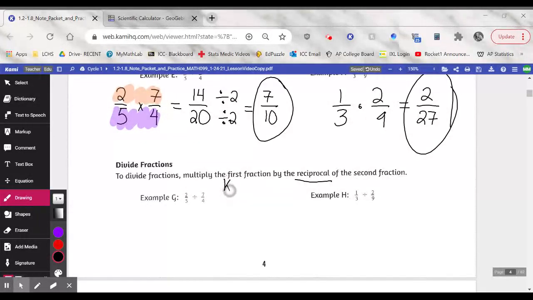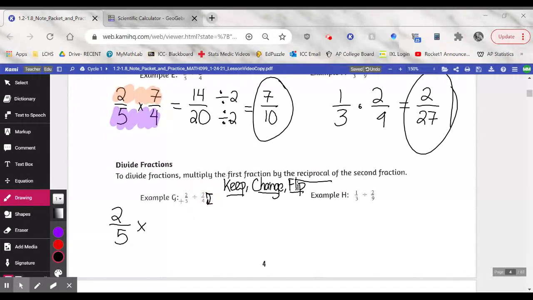So one way to remember it is this phrase: keep, change, flip. Keep, change, and flip. So you keep the first fraction just as it is. You change your operation to multiplication, and you're able to change it to multiplication by flipping your second fraction.